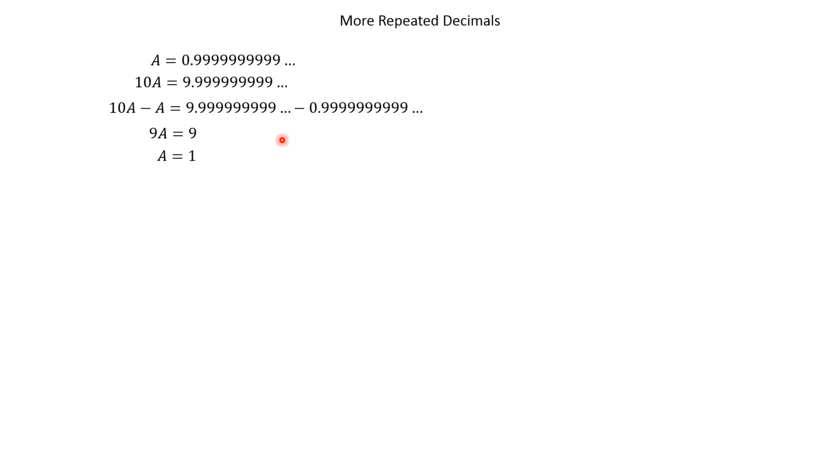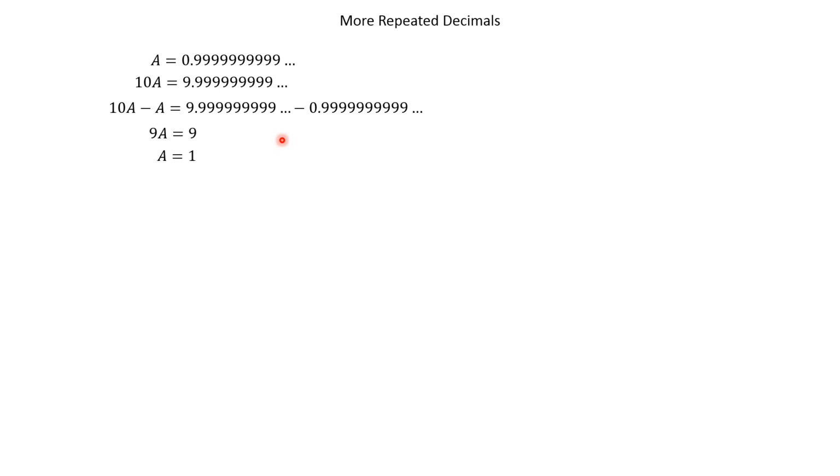Well, we have only one digit repeating, which means we only need to multiply by 10 to the first. So 10a is going to be 9.9999 repeating. Then we can subtract 10a minus a equals 9.9 repeating minus 0.9 repeating, which means that 9a equals 9, which means that a equals 1.